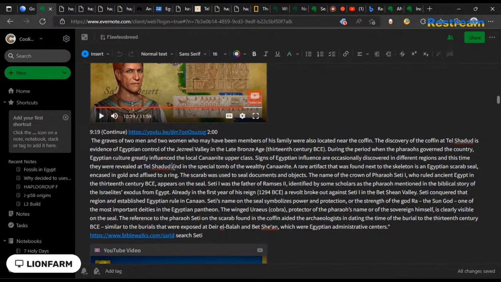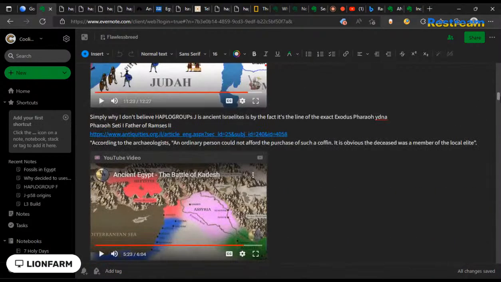In Tel Shadud, that's where we found this said wealthy Canaanite, but he had a certain name, right? In his tomb, which was Seti the first. And remember, Seti was missing at first from his tomb. So that's very important. But they do know that Seti, right?